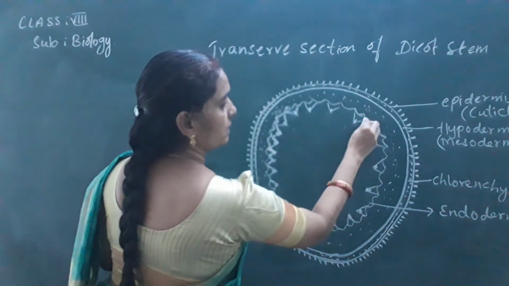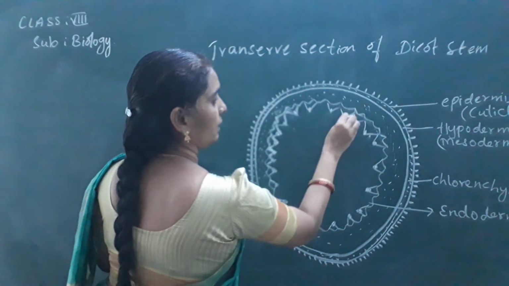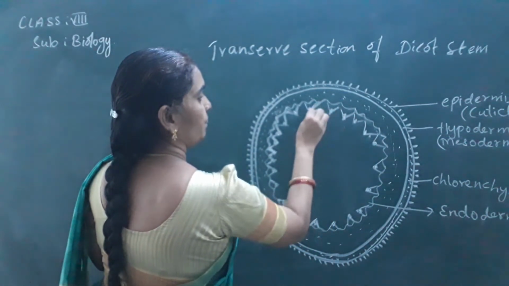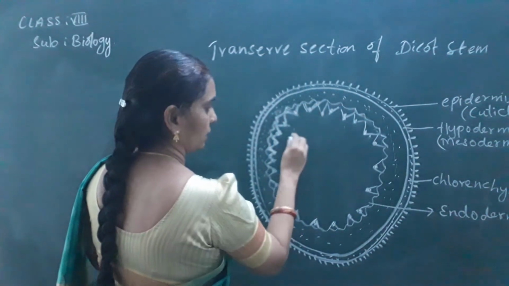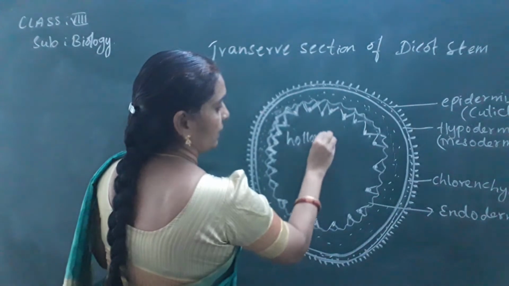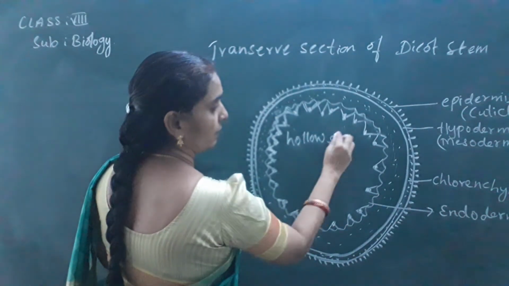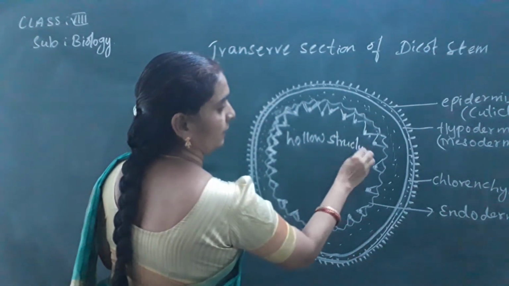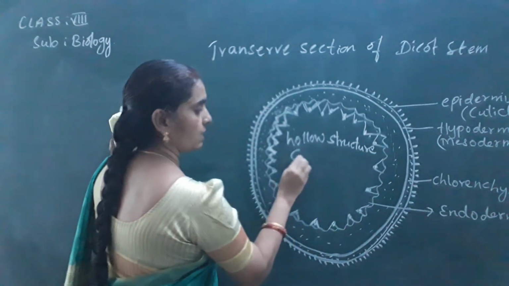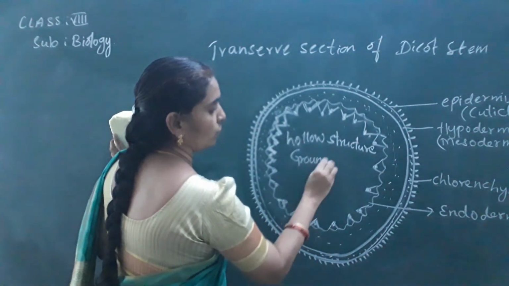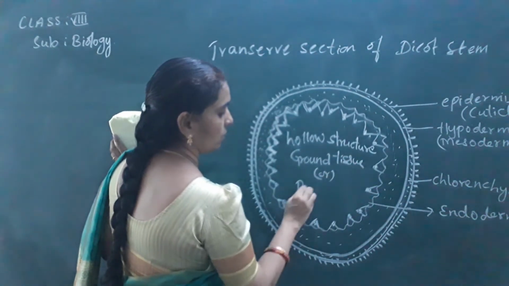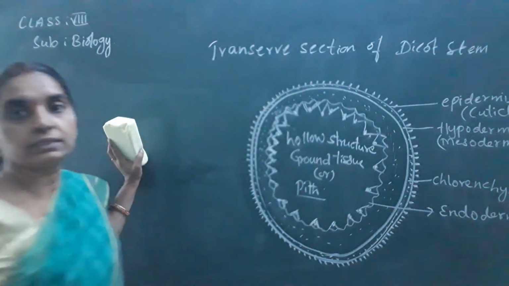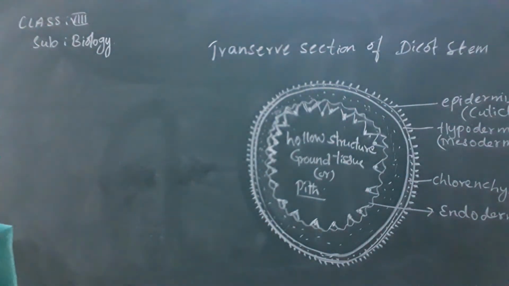You can find these are the vascular bundles, xylem and phloem vessels protruding inside with the endodermal layer with a hollow structure which is called ground tissue or pith. It is also called pith. Is it clear children? Ground tissue or pith.